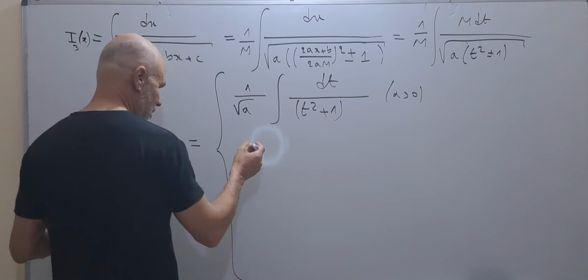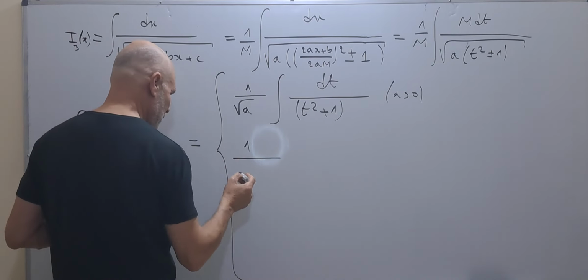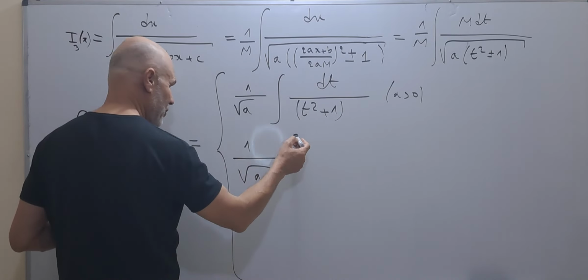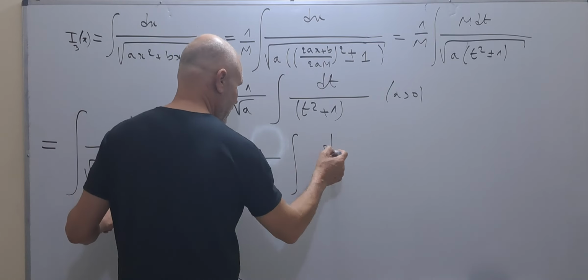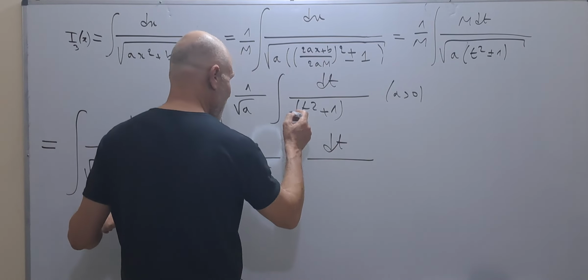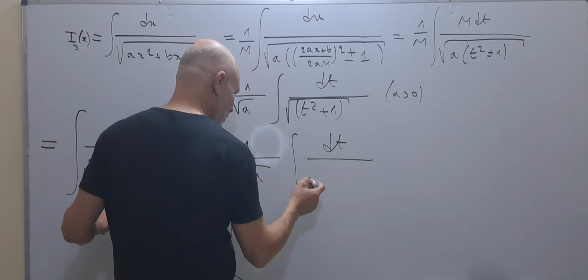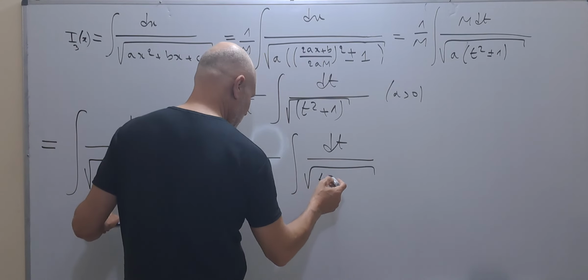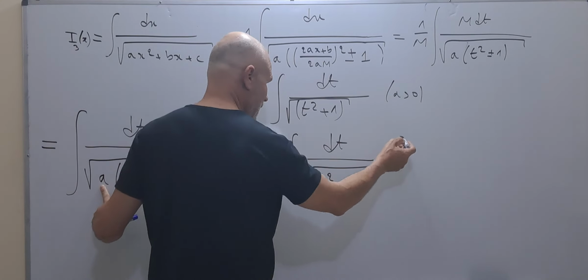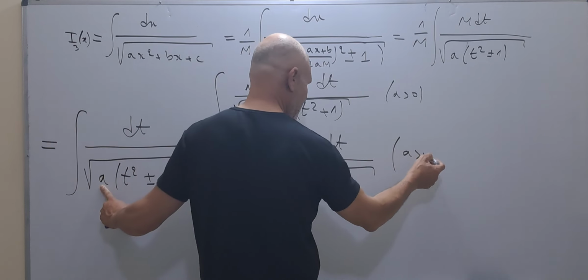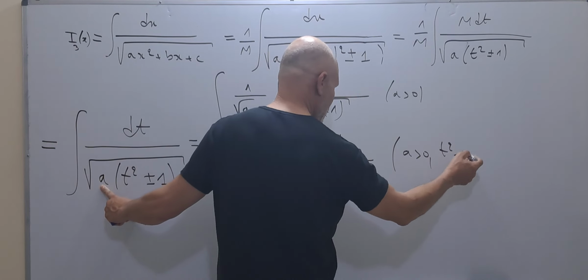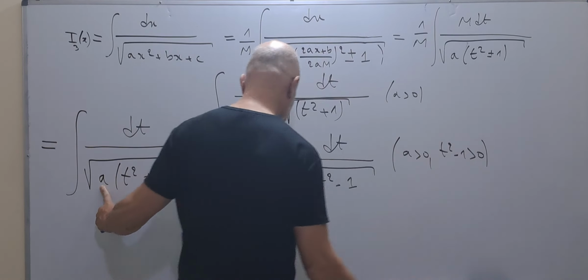The second case is 1 over the square root of a, the integral dt over the square root of t squared minus 1, and this case deals with a positive and t squared minus 1 positive.